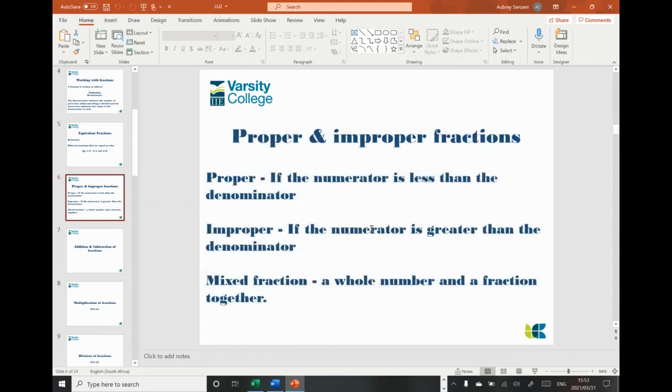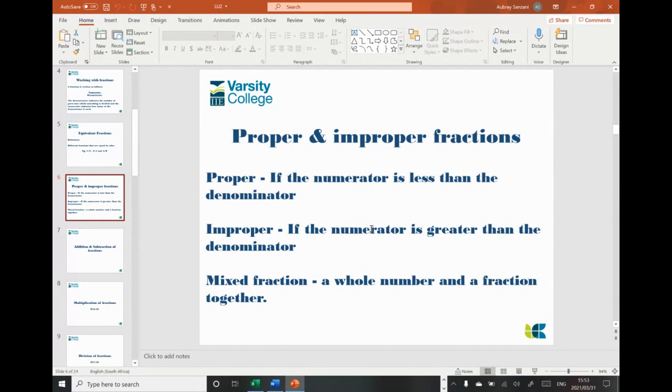Improper fractions are where the numerator is greater than the denominator. That's why it's improper. It's like saying we have 9 pieces of a pizza. How do you have more slices of pizza than the number of slices you should have in a pizza box? That's improper. Think of it like that.